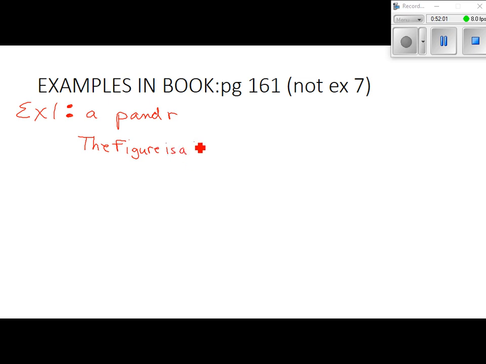For A, all we need is P and R. This time, they tell us to use the word and, right? Kylie J, what's R? The figure has 4 right angles.